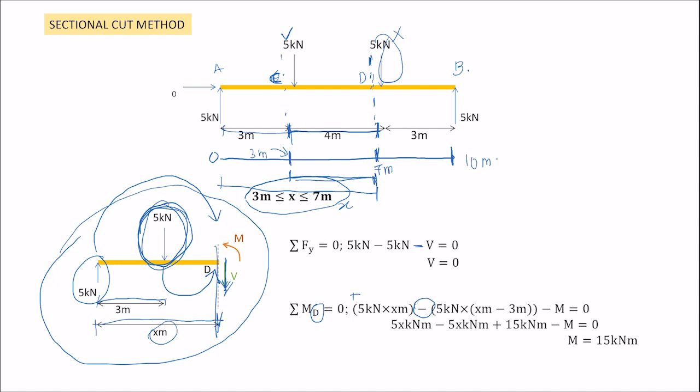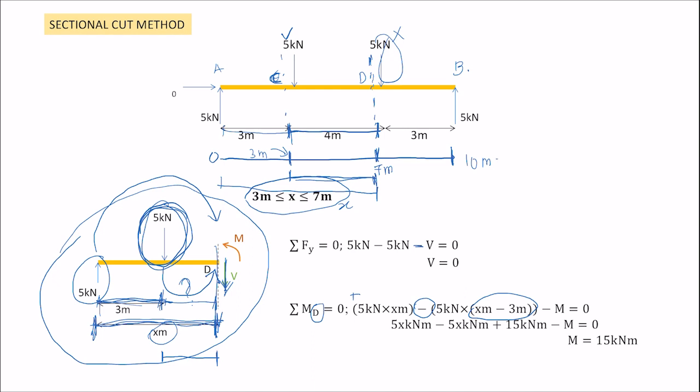The distance is not X meters, because its distance is from here to here. The total length is X meters, and you cannot include this 3 meters, so the distance is X meters minus 3 meters.